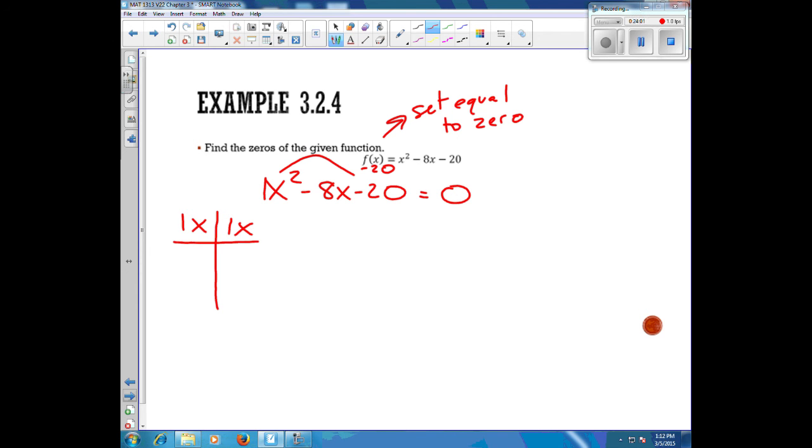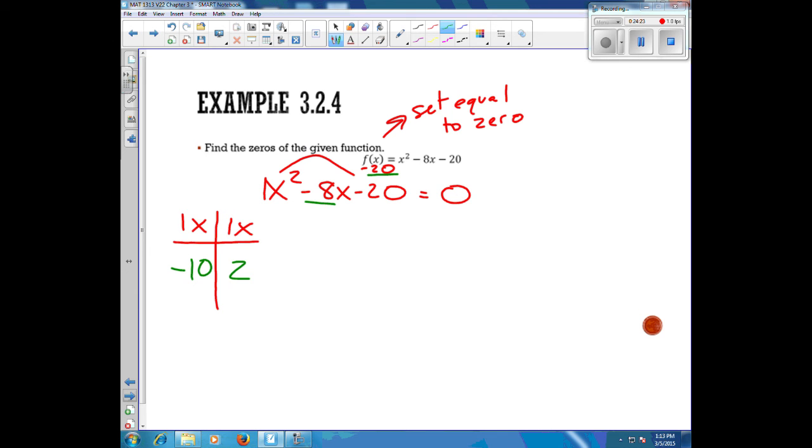We now need two numbers that add to give you negative 8 and multiply to give you negative 20. And so, negative 10 and positive 2. Negative 10 plus 2 will give you negative 8, and negative 10 times 2 will give you negative 20.